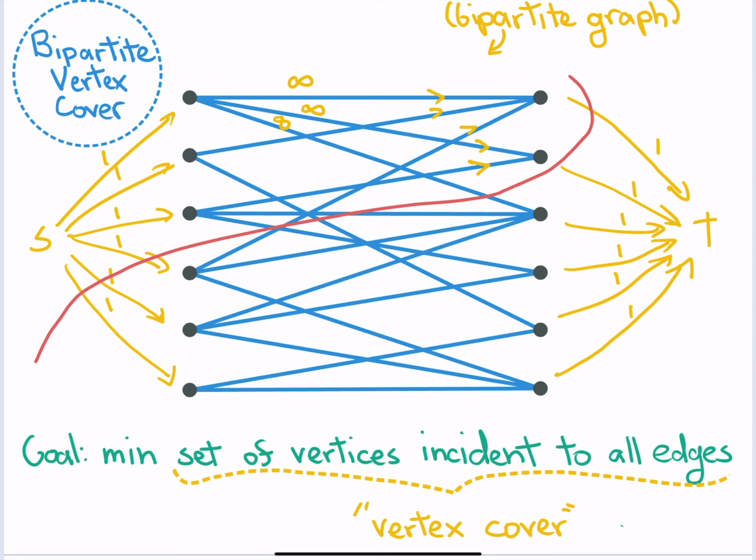Okay. So this picture is a little bit misleading because of the infinite edges. We would never cut any of the blue edges because that would destroy our min cut.